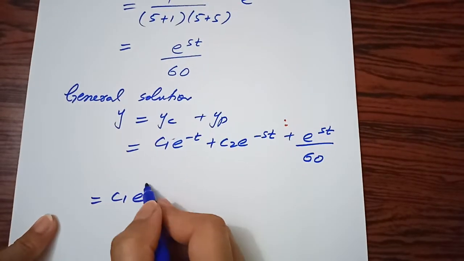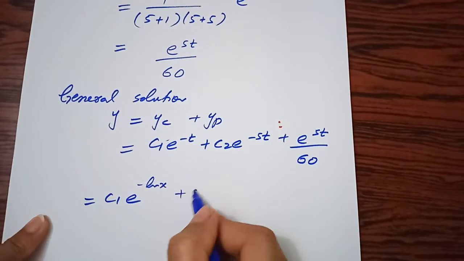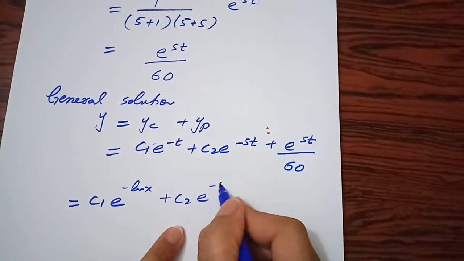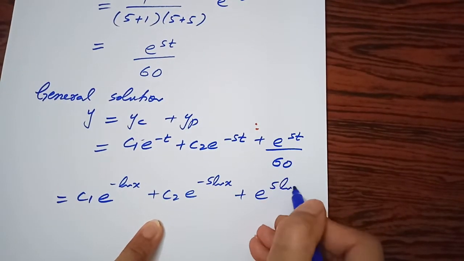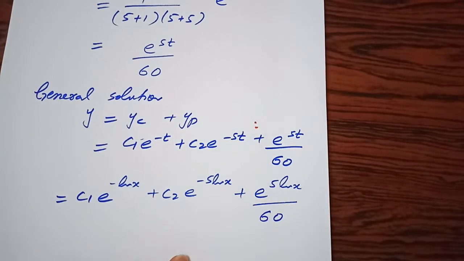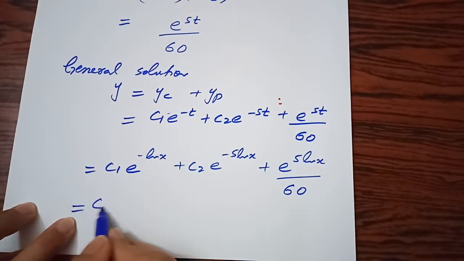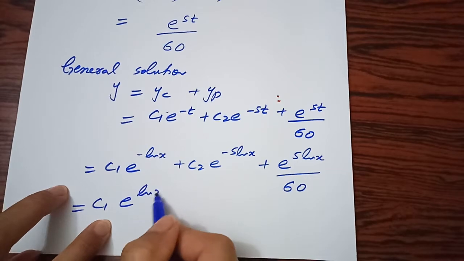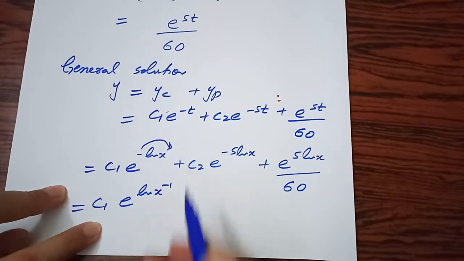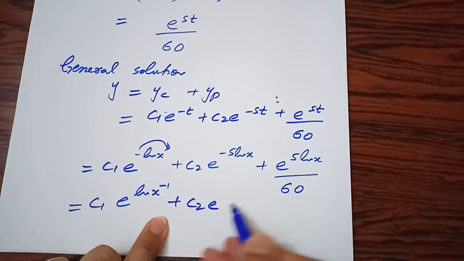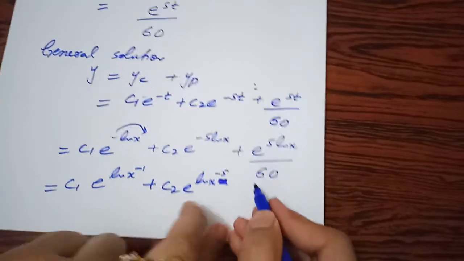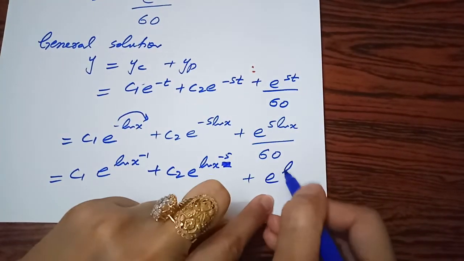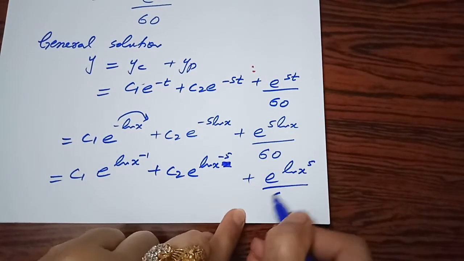C1 e raised to power minus ln of x plus C2 e raised to power minus 5 ln x plus e raised to 5 ln of x over 60. Now C1 e raised to power ln x to the power minus 1, this can come in the power, plus C2 e raised to power ln x to the power minus 5 plus e raised to power ln x to the power 5 over 60.